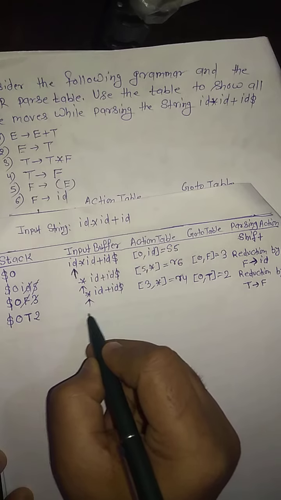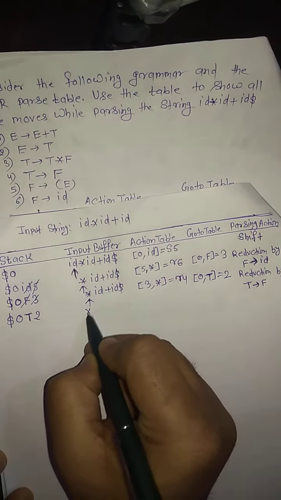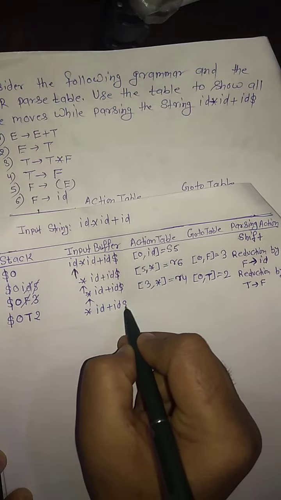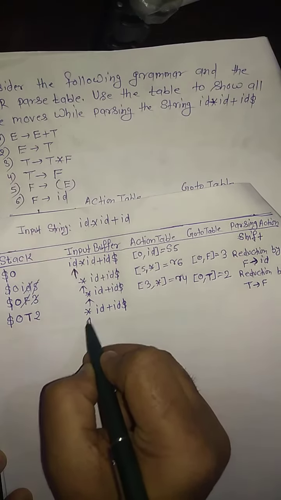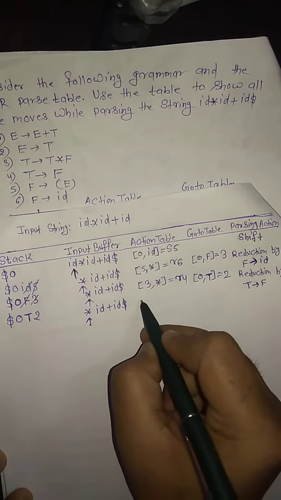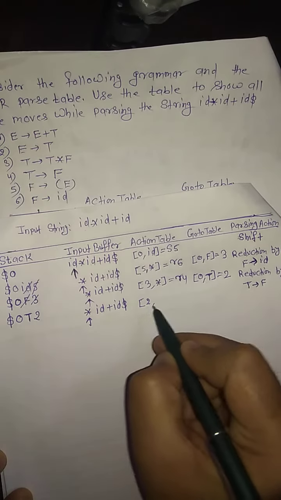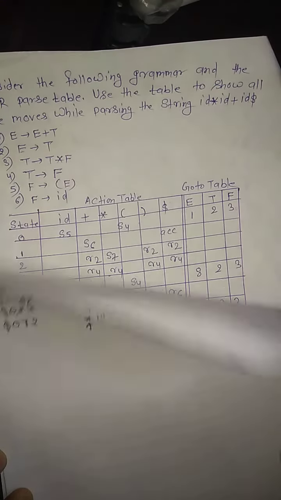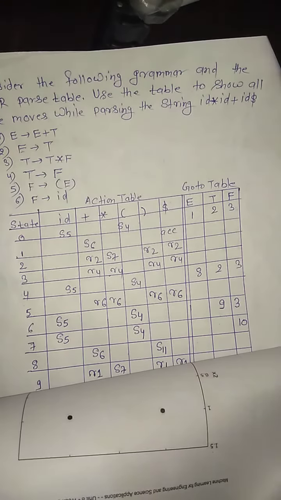Now in the input buffer, you write star ID plus ID and dollar. The input pointer points to the star, and the top of the stack is 2. So you write 2 comma star, and you go to the parsing table.